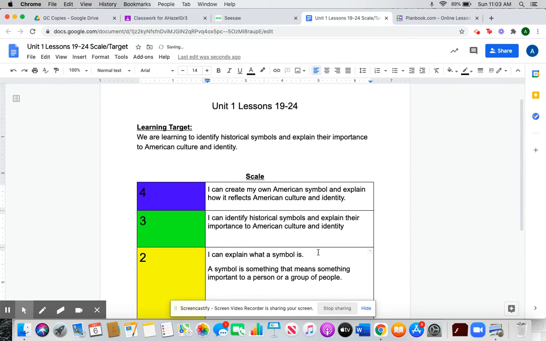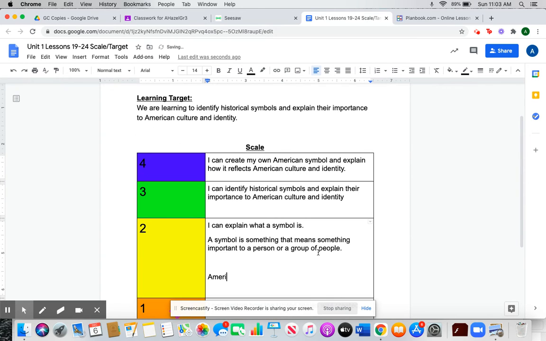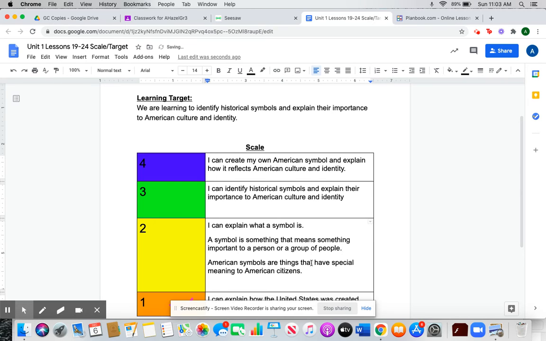So, American symbols are things that have special meaning to American citizens, right?